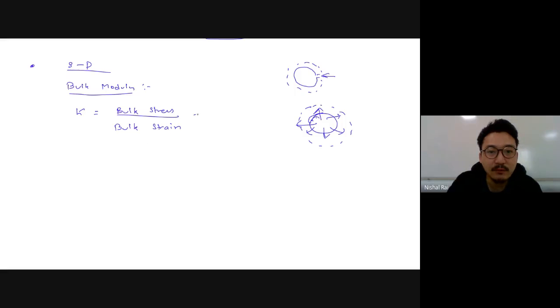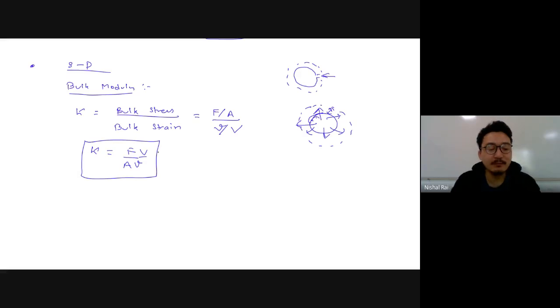Bulk stress is force per unit area again. Bulk strain is the change in volume. Change in volume over here is delta V and the actual volume was V. So here bulk modulus will be given by F by A over delta V by V.